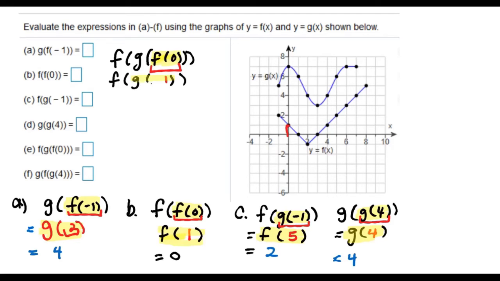Now I want to find g of 1. So x value of 1, go up to the graph of g, and I get a y value of 6. g of 1 is 6. Carry down those symbols. Now I want to find f of 6. Here's an x value of 6. Go to the graph of f, and the y value there is 3. So f of g of f of 0 is 3.